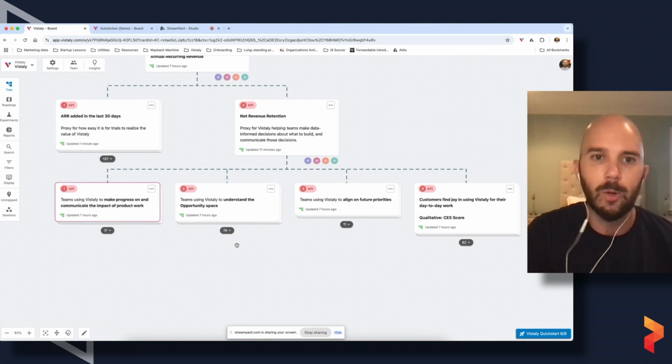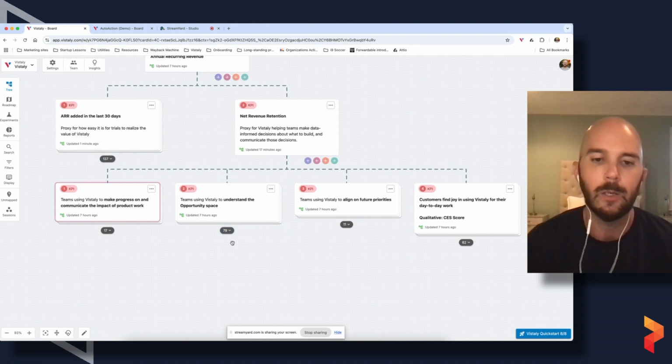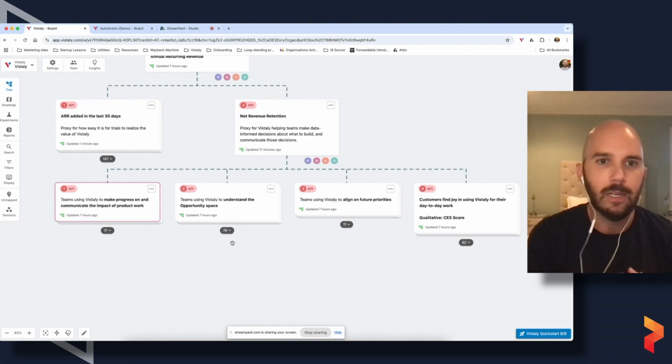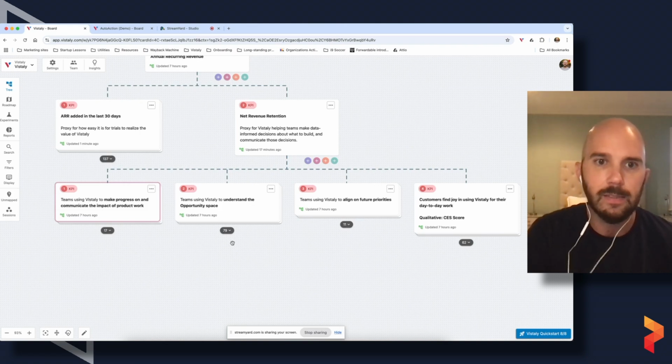For us, a big one is teams will come to Vistaly because they want to really understand the opportunity space. And that means things like understanding their customers' problems through interviews, and understanding their customers' problems through feedback that's coming in from sales and support and success.